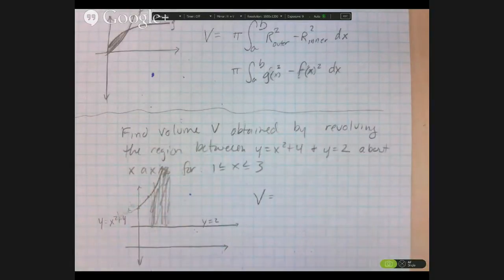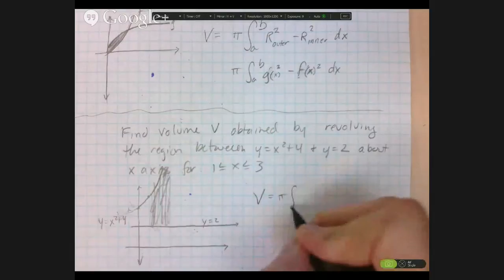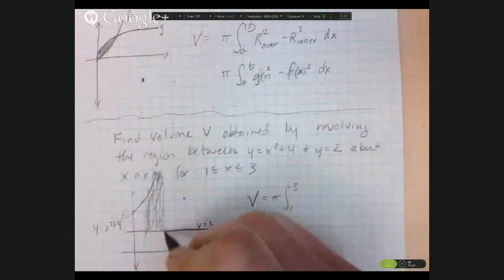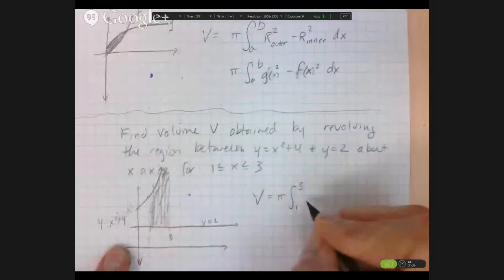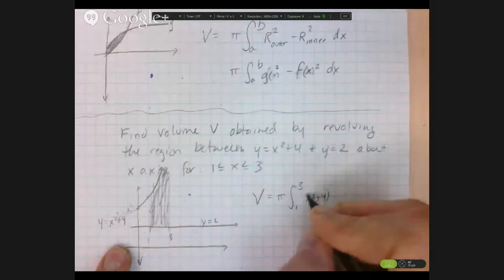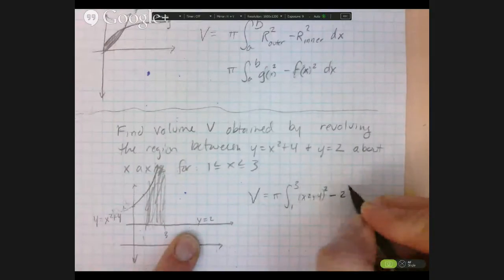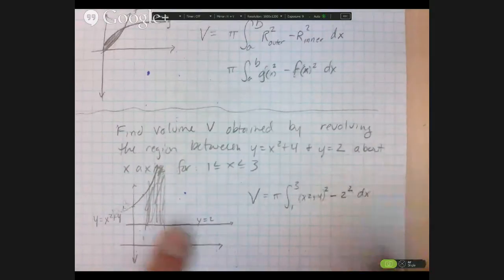Okay, so volume is pi times the integral from 1 to 3 of x squared plus 4, squared, minus 2 squared, dx.